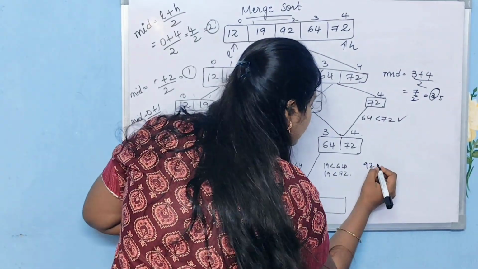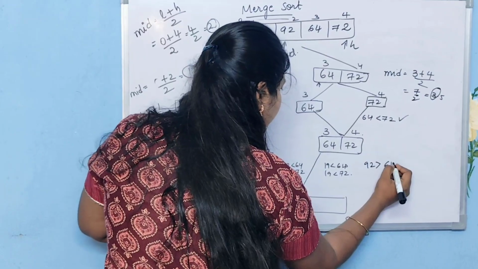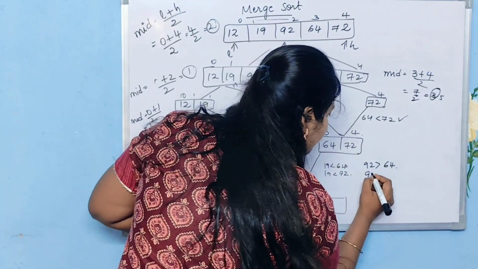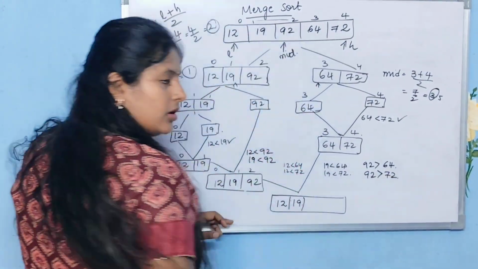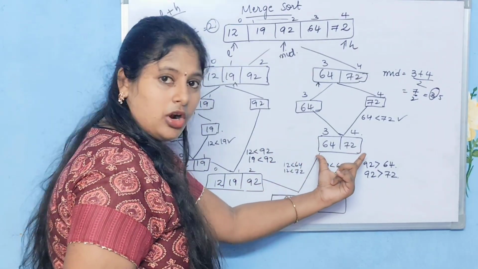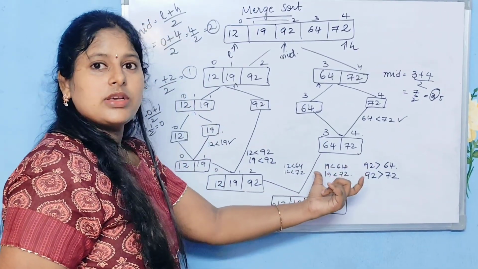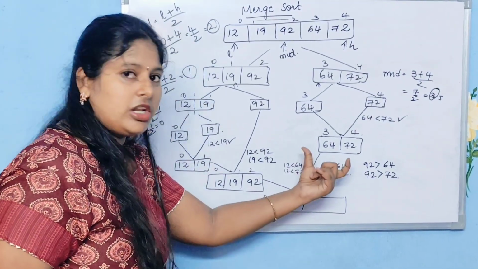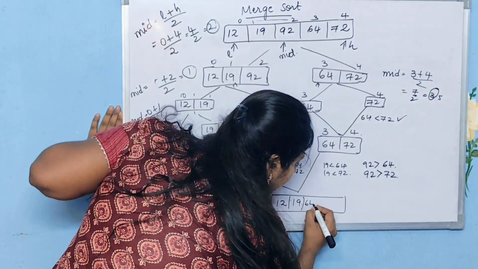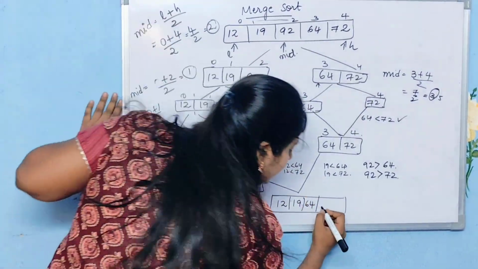92 is greater than 64, and 92 is greater than 72. Since these are arranged in order, 64 is obviously less than these two elements. So 64 is added here, and after that 72.